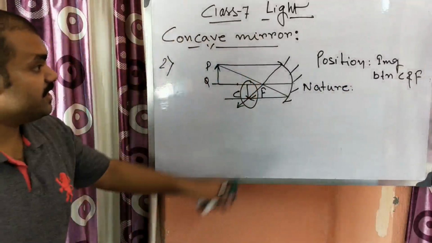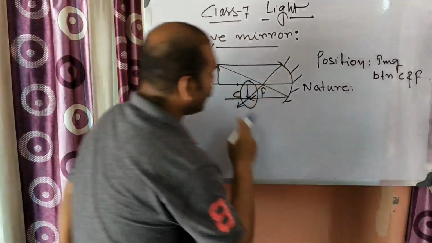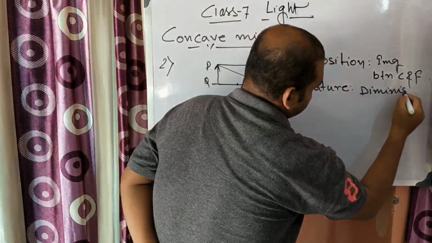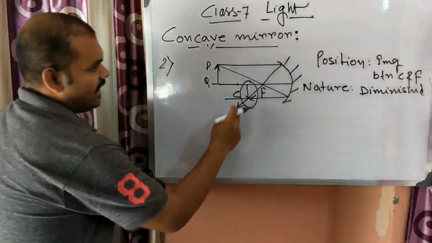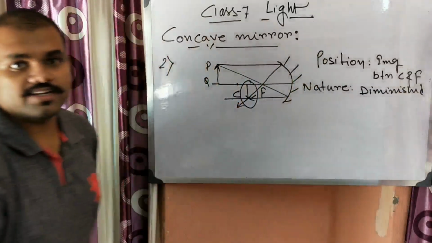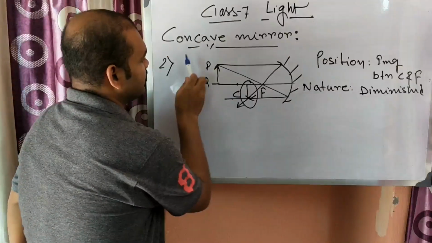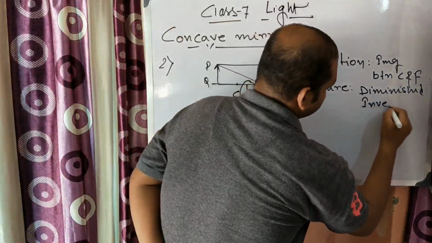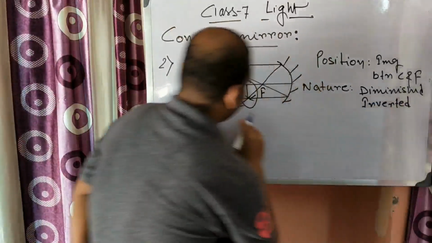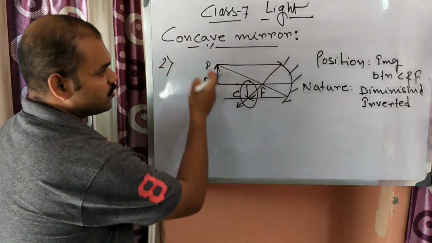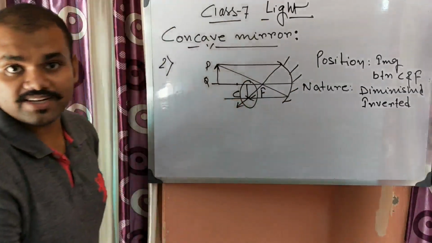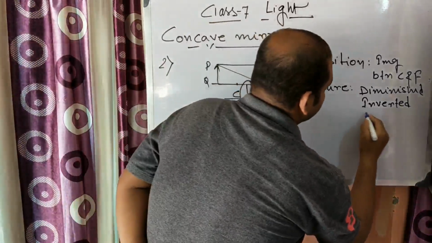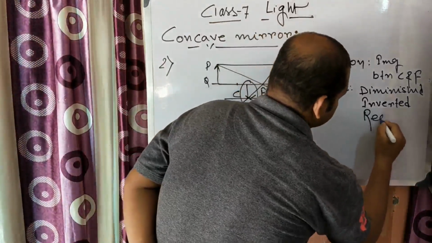Nature is diminished, that is smaller than the object. Okay, and erect or inverted, obviously inverted. This one is erect and this one is inverted, so inverted. And another one is real image, because actually after reflection the rays meet at that point, so it is a real image.